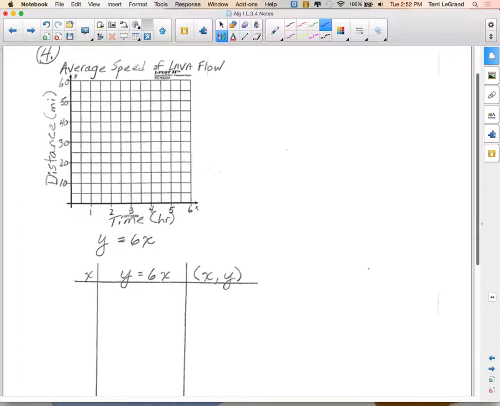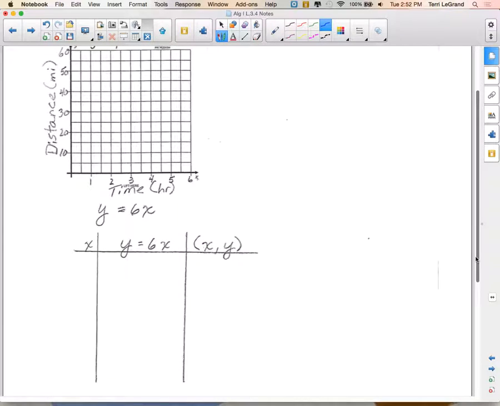So in this particular situation, we have hours being represented by the x value. We just read that. The y values are representing the distance in miles. So the domain is hours. Should we say the domain is all real numbers? Can we choose any number we want from the domain and it makes sense to this problem?